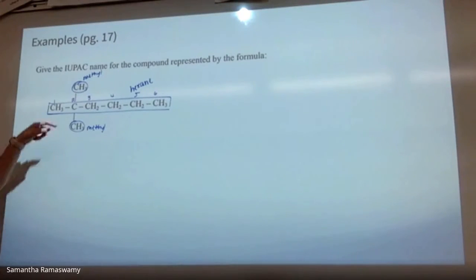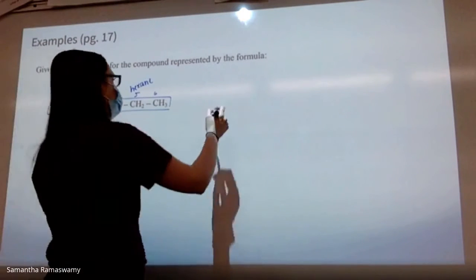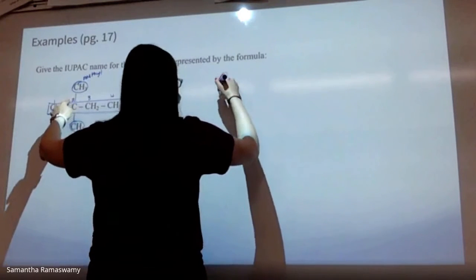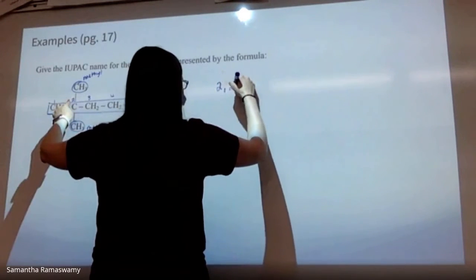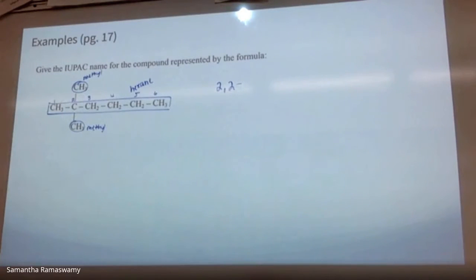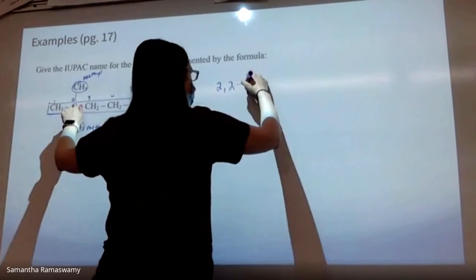When we give the numbers, you have to give as many numbers as substituents. So if I have 2 methyl groups, I should have 2 numbers at the beginning of the name. Both methyl groups are off of the second carbon. So I'm going to do 2, 2. Because that tells me that even though I have 2 methyl groups, they're both off of this second carbon.